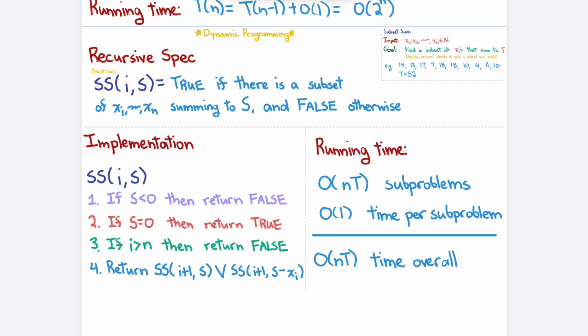We're assuming that elements are at least 1 in value, but I think that's not necessary either. Let's say the value was 0. I would still look at all the remaining numbers trying to add up to s, and that still gives me a smaller problem, because at least I got rid of that number I was focusing on.